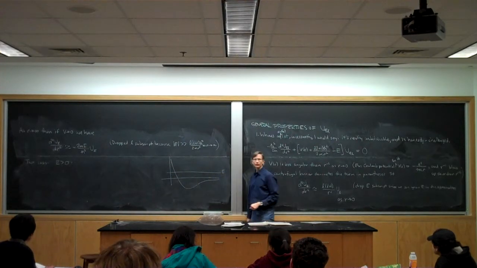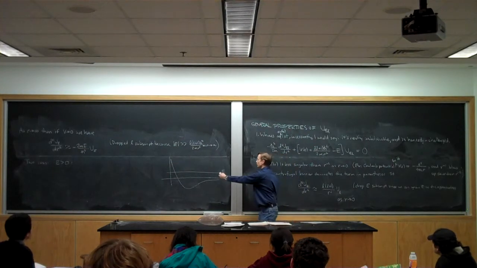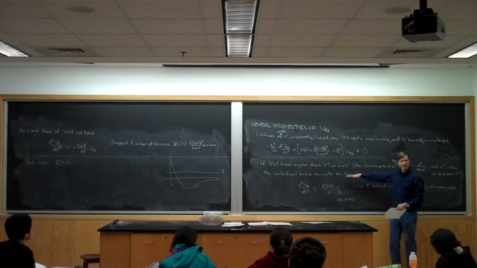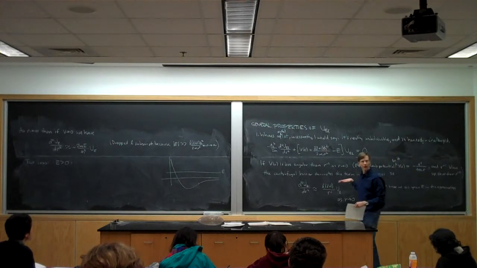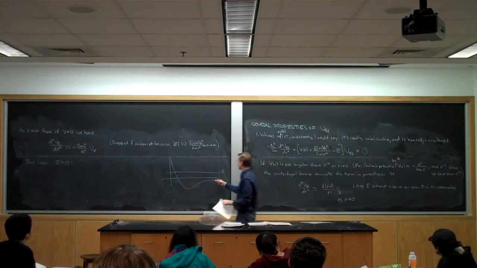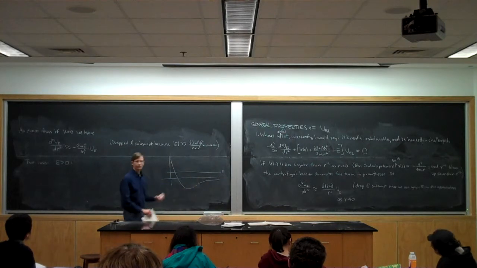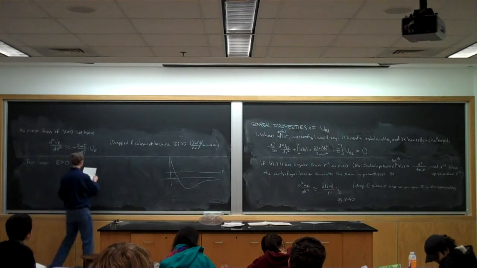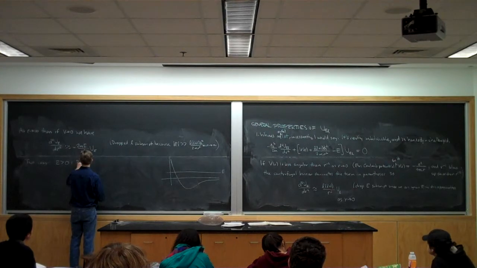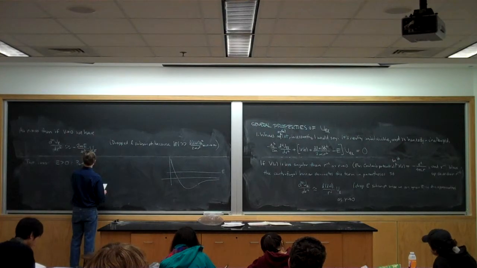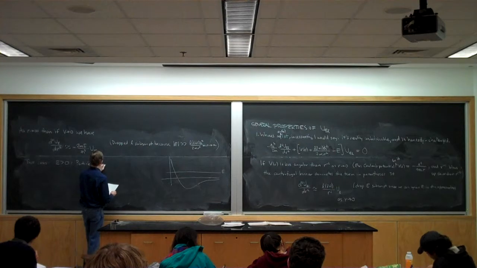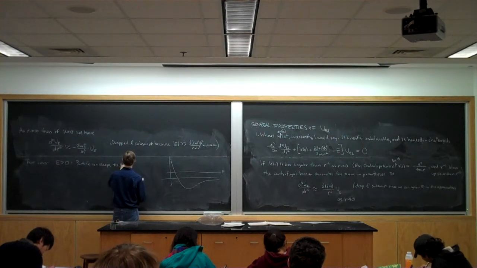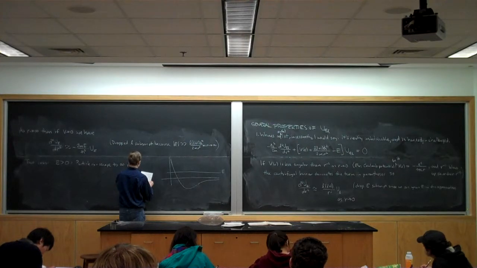If E is up here, can the particle escape to infinity? Yeah, because it would have positive kinetic energy at every value of R, because the effective potential is going to 0 there. So for E greater than 0, the particle can escape to infinity classically.